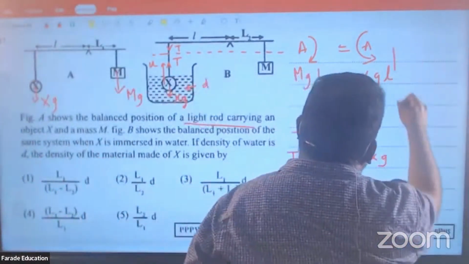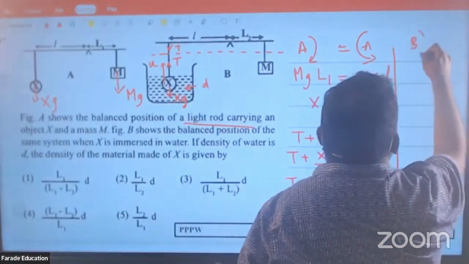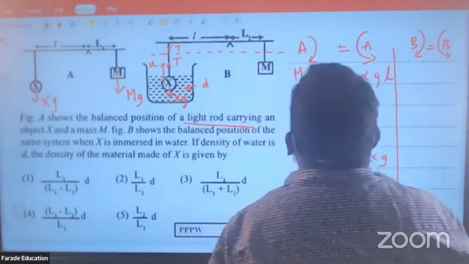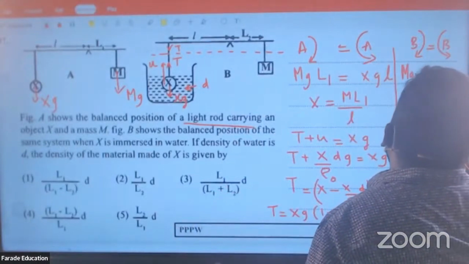Now take moments about B. Clockwise moments about B equal anti-clockwise moments about B. Clockwise moments about B: capital Mg times L2.